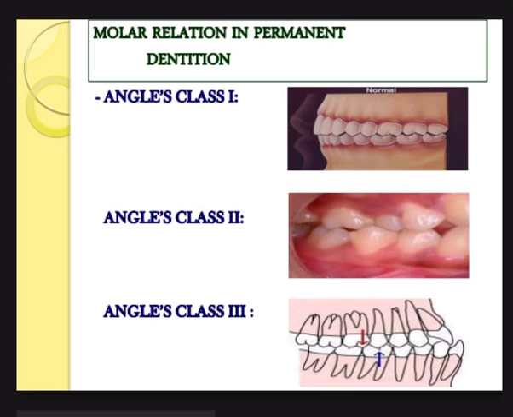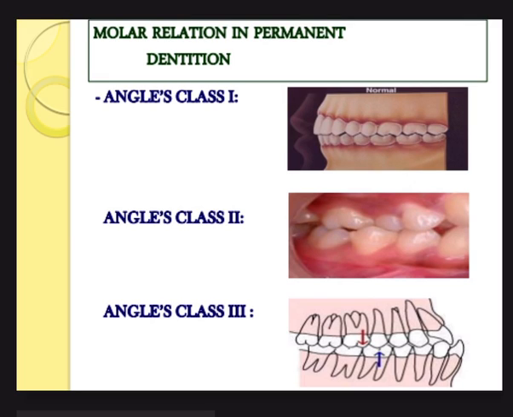The same goes for class 2 division 1. There will be proclined anterior teeth, along with your class 2, a proclination of your maxillary incisors. Division 2 is different; I'm talking about division 1 and division 2.